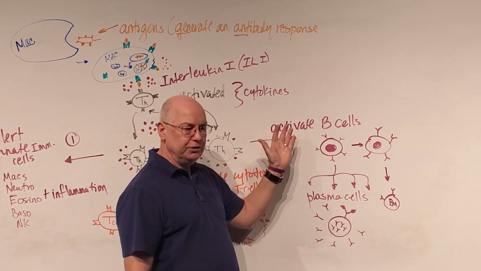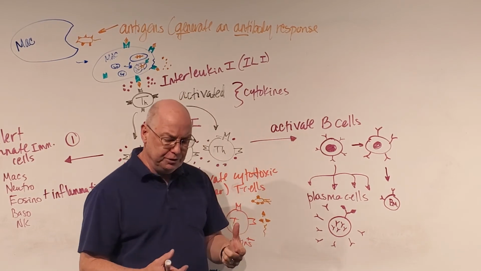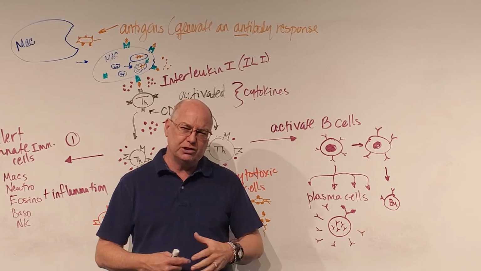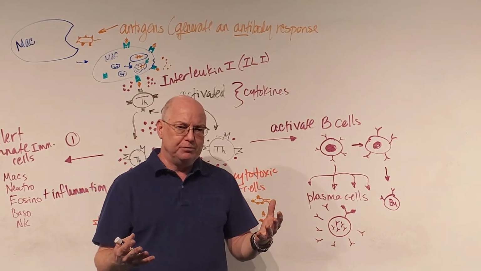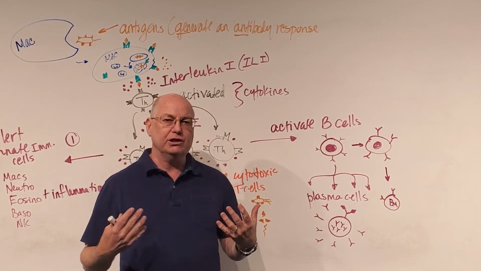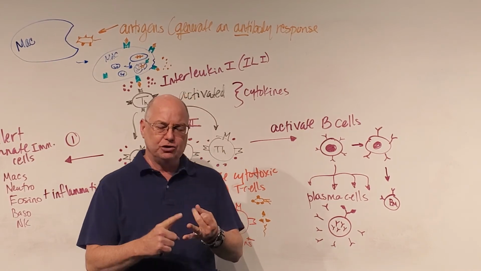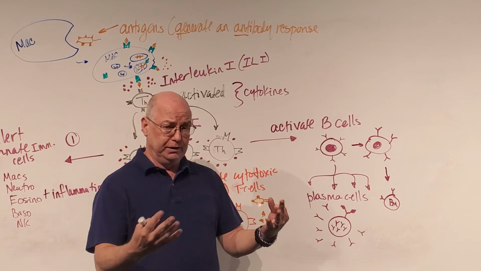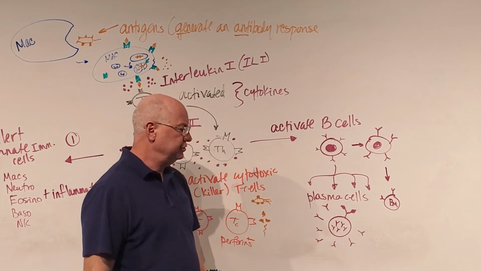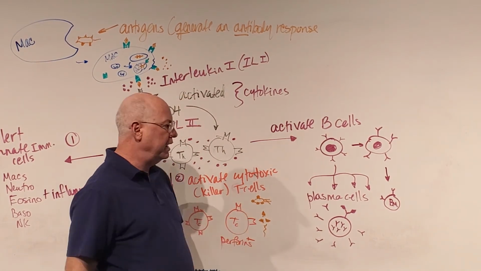Humoral mediated immunity, or humoral immunity, means, the term humors comes from an ancient time when people thought the body had all these fluids in it called humors that determined your personality, your attitude, as well as your ability to fight off infections. They called them the humors of the body.